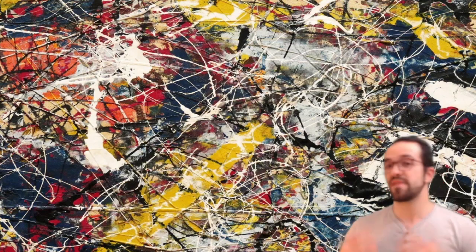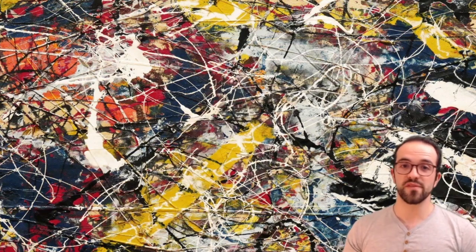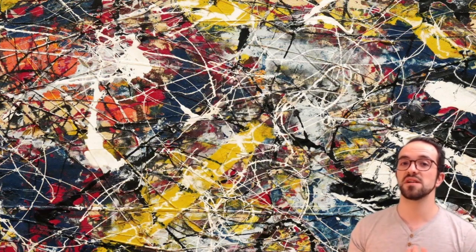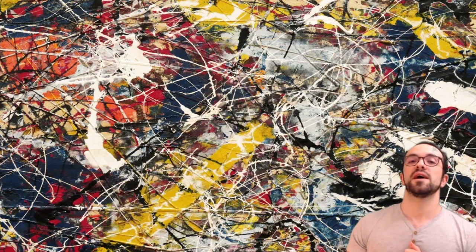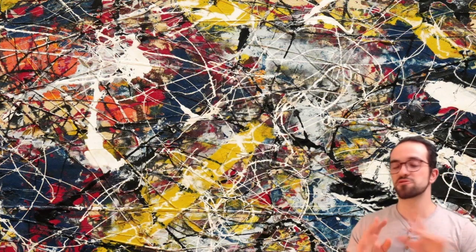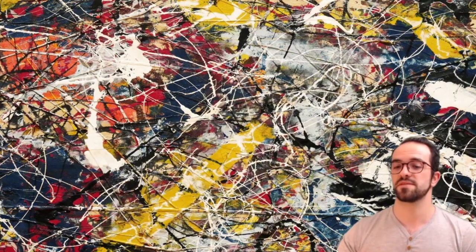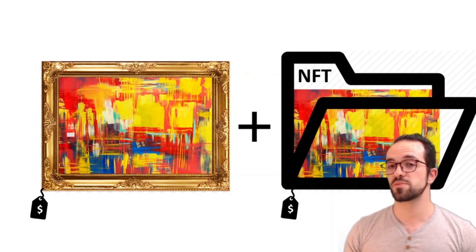Although the market is very new, there are kind of three ways the physical artwork can be digitized and represented. And it's important to break them down.